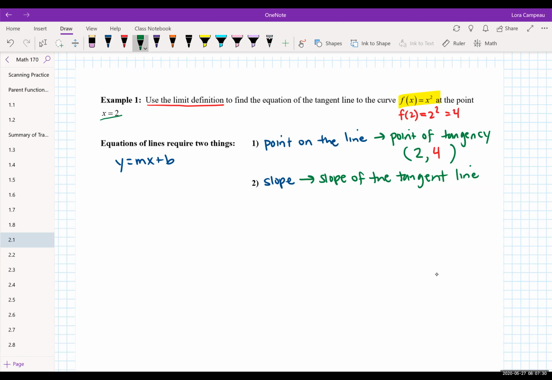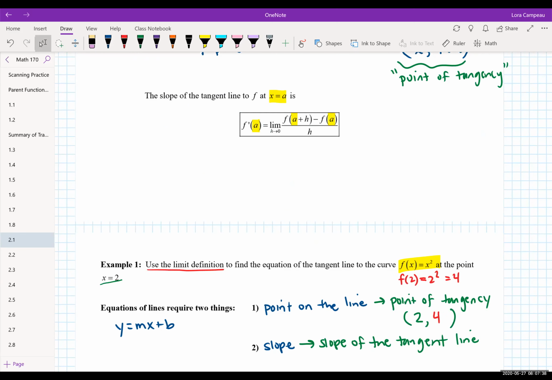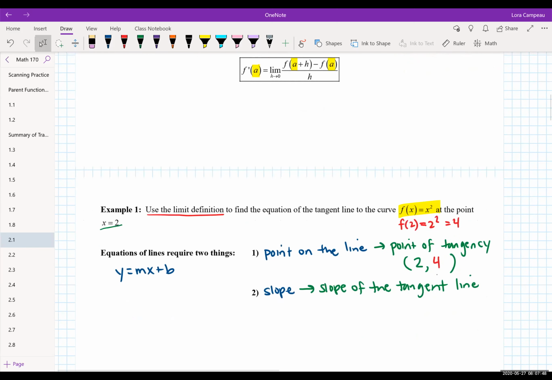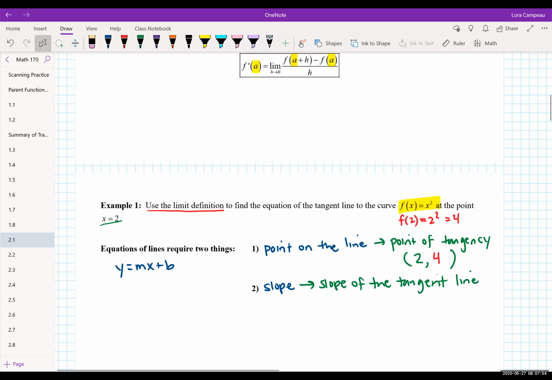Now we just introduced how to figure this out. I can scroll back to my notes, and we actually have a formula to help us out. The slope of the tangent line to f at x equals a is f prime of a, and that's the limit of the difference quotient, or the limit of the slope of the secant line.